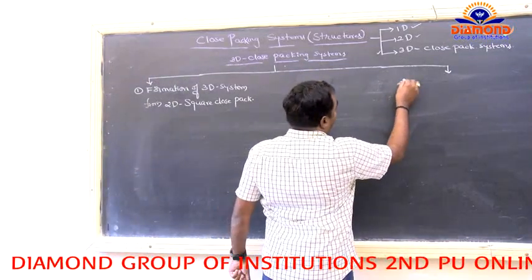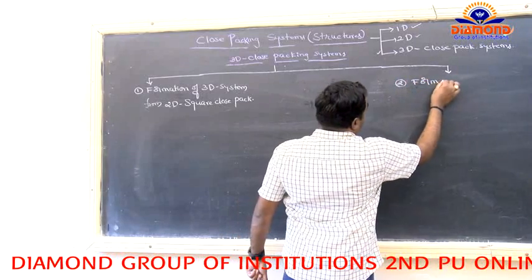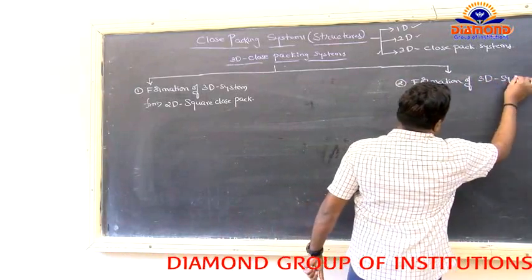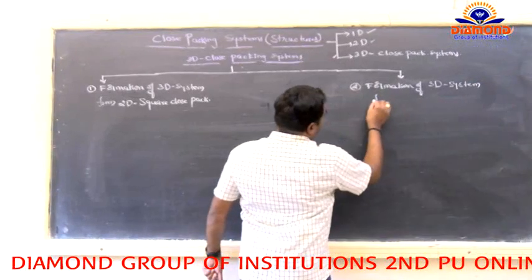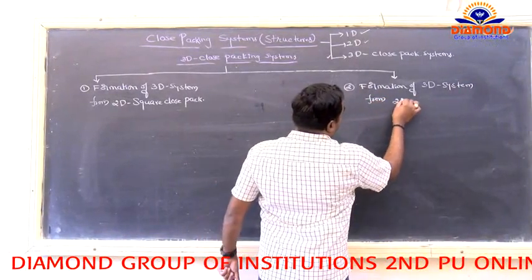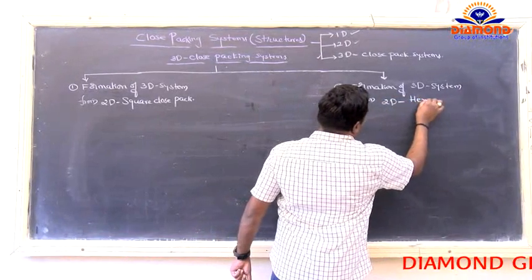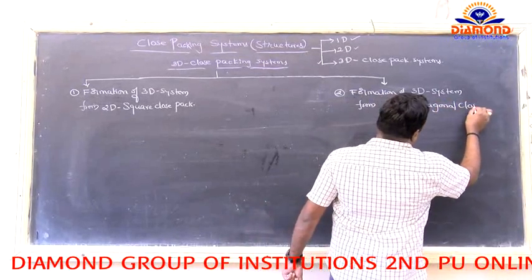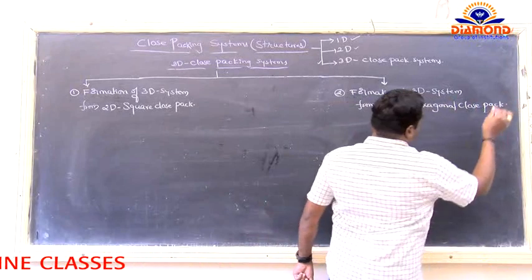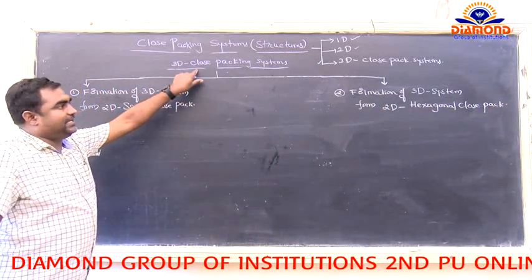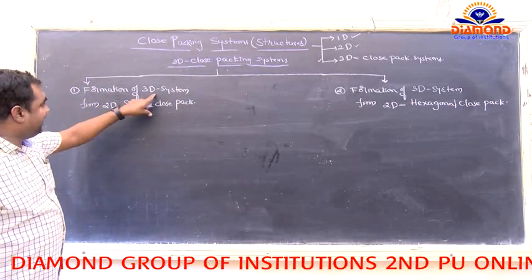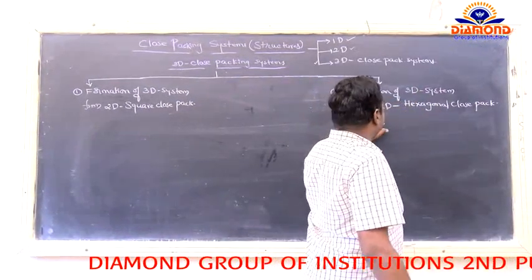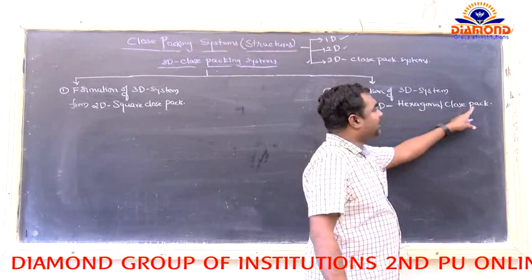Next, the second one is formation of a 3D system from two-dimensional hexagonal close pack. So 3D is classified into two types: the formation of 3D by using 2D square close pack, and the formation of 3D by using 2D hexagonal close pack.